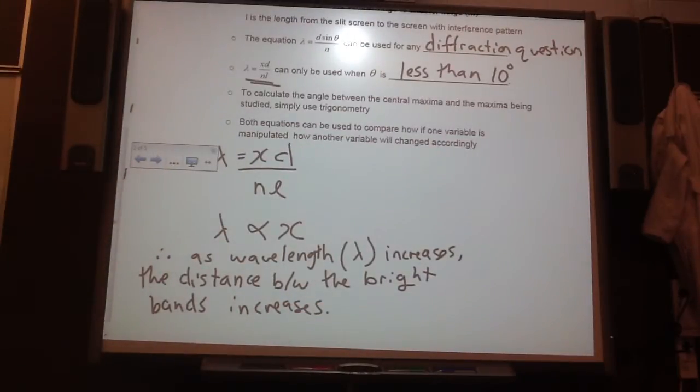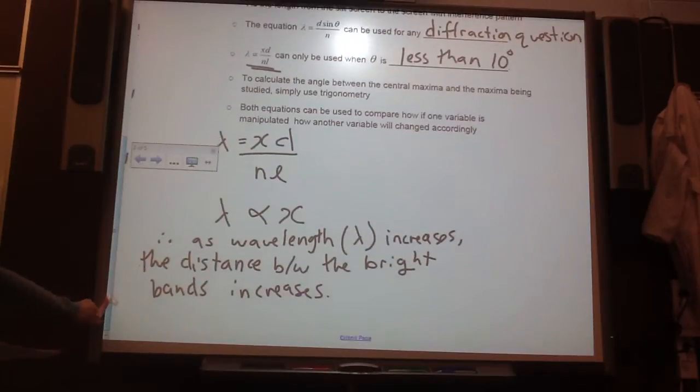So depending on what wavelength of light you use, because we know red waves are different than, say, purple waves.